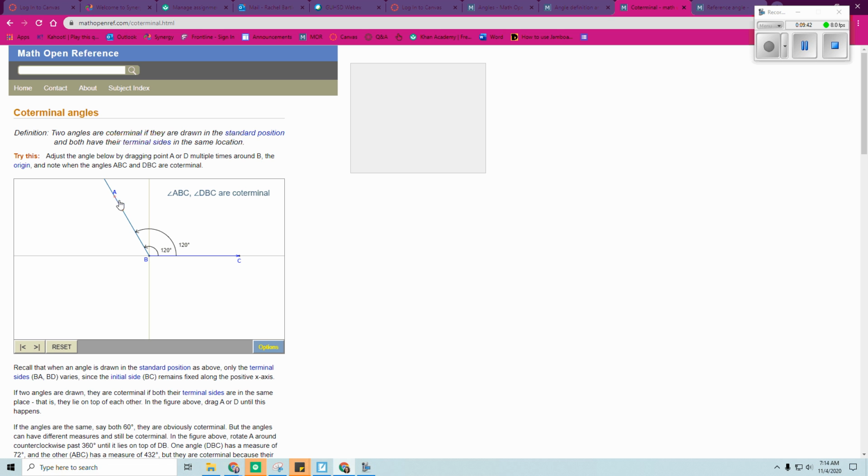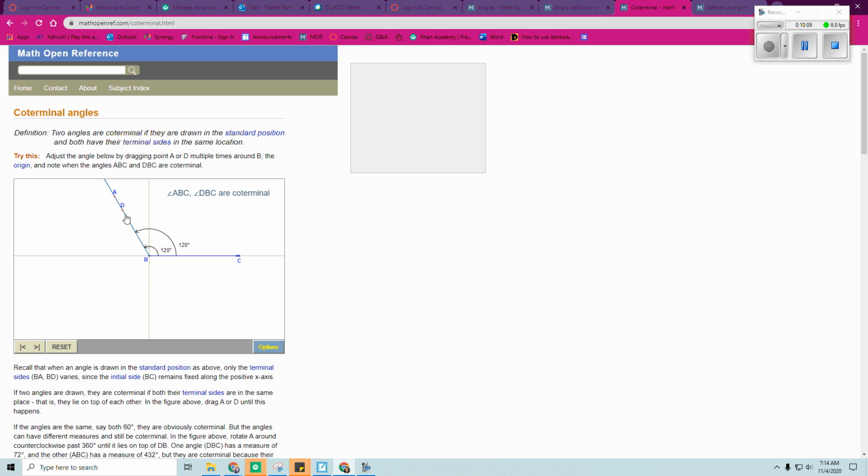So 120, that's definitely coterminal, it's just itself. But if I add 360, a full rotation around from where I am right here, I get 480, which I just saw a second ago. I do another full lap around, 840. I can continue going around. That's coterminal as well, just as long as its terminal side lands right on top.